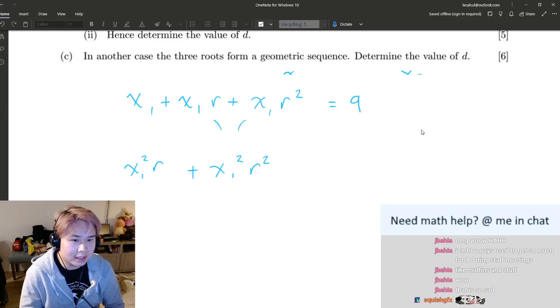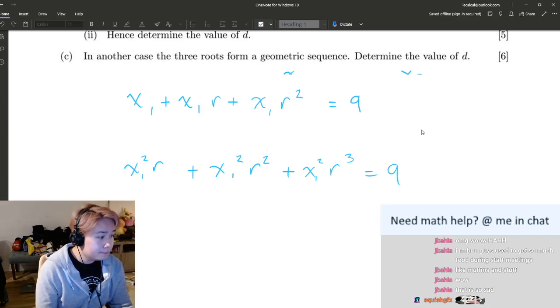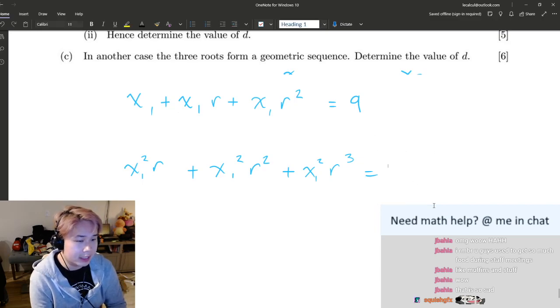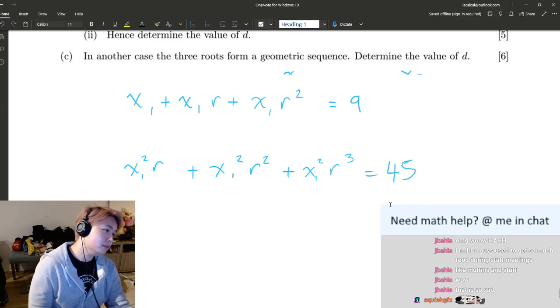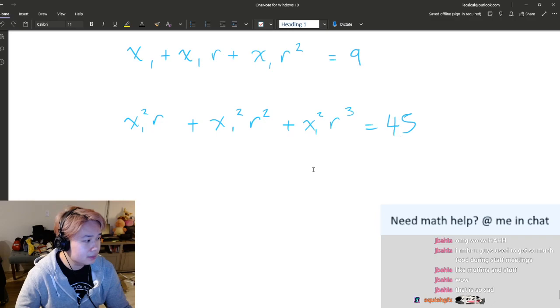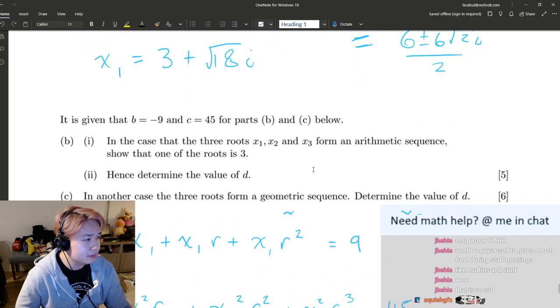And then these two together, x1 squared times r cubed equals 45. Okay, and then we need to figure this out.